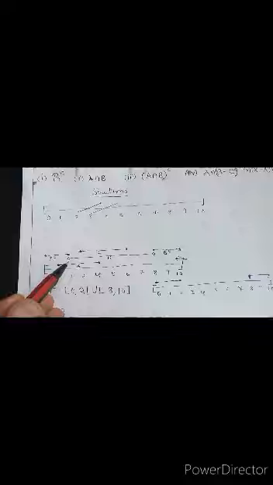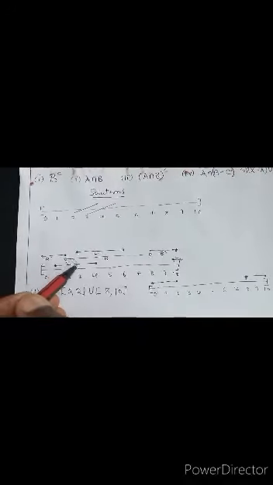For question B, they have asked us to find A intersection B. A intersection B is anywhere where A and B are meeting. So it is this region here.